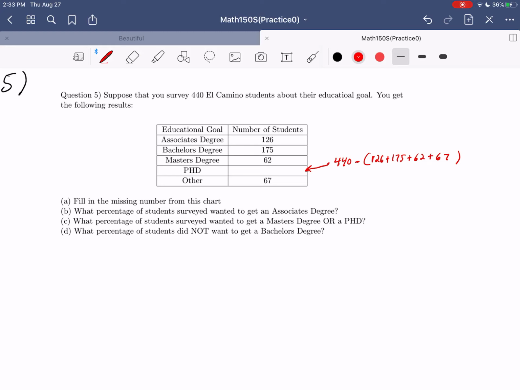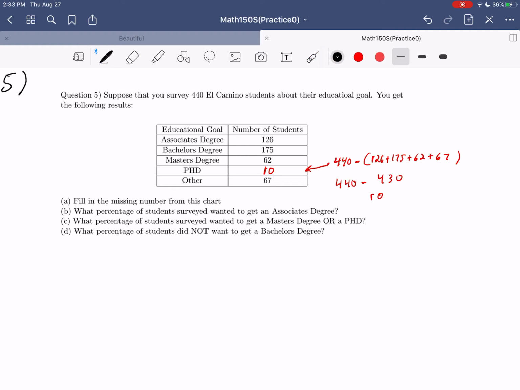So if we add 126, 175, 62, and 67, you should get 430, and 440 minus 430 is going to be 10. So we know that that missing value there should actually be 10. Now, if we add these together, you'll find that they add up to 440, which is what we expected since that's how many people we surveyed.